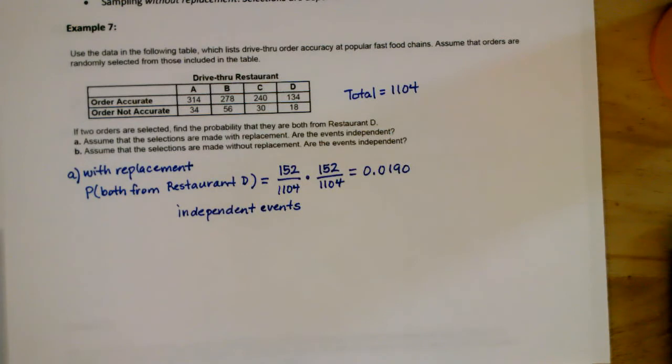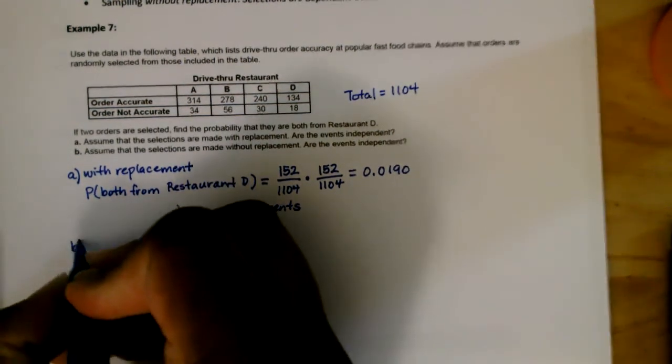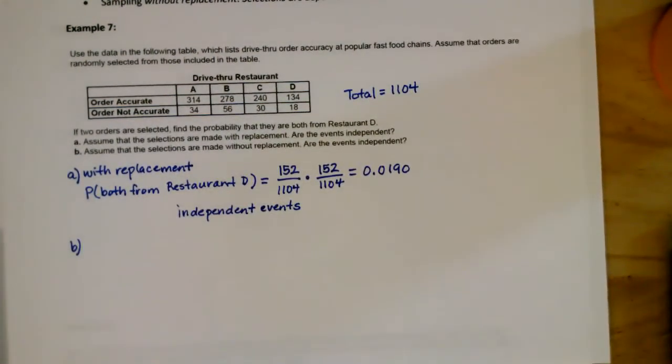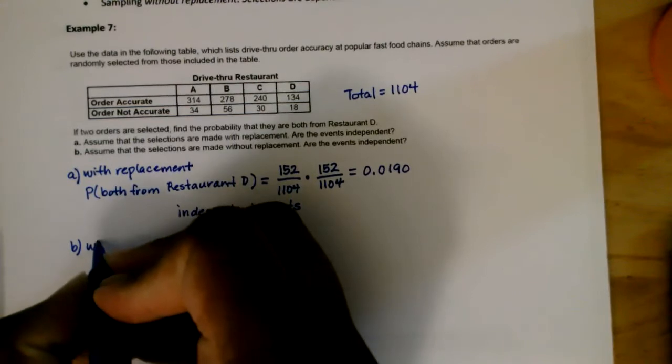Okay, so that's part A. Now part B, assume the selections are made this time without replacement. We want to find the probability that they are both from restaurant D. So this is without replacement.